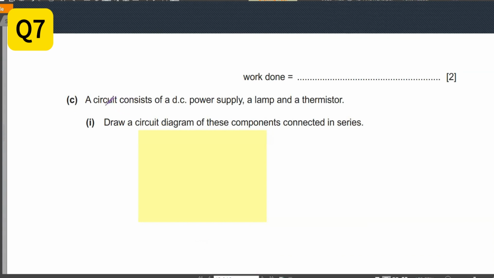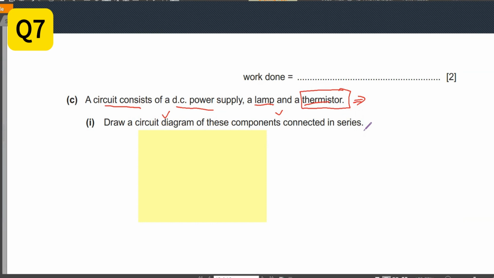A circuit consists of a DC power supply, a lamp, and a thermistor. Draw a circuit diagram of these components connected in series. We know that a thermistor is basically a resistor that changes resistance with temperature.